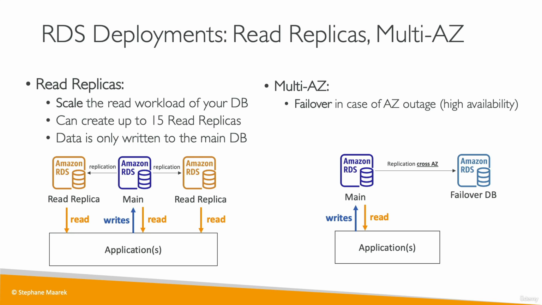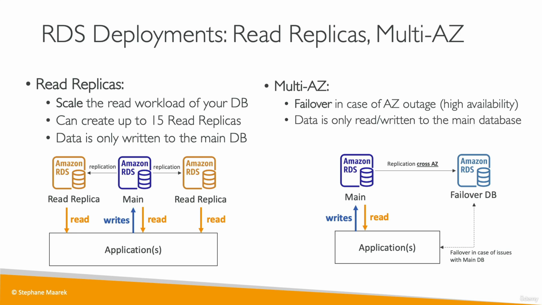And this is going to be a failover database. This is why it's called multi-AZ, because it's in a different AZ. Now, in case the main RDS database crashes for whatever reason, because maybe there's an issue with it, or maybe because the AZ is having problems, then RDS will trigger a failover, and your application will fail over to the failover database in a different AZ.